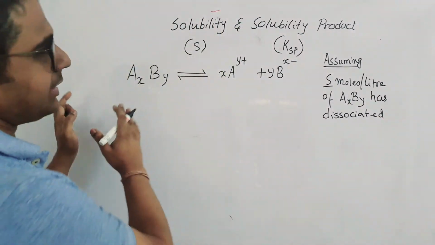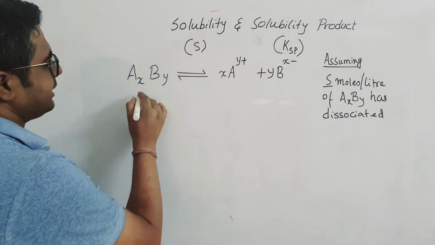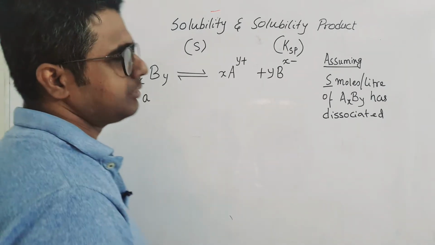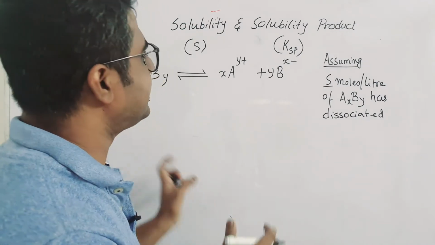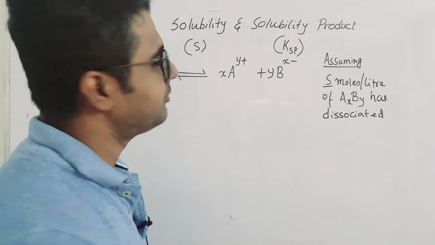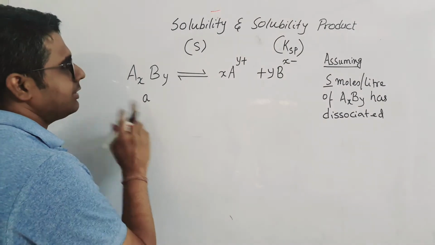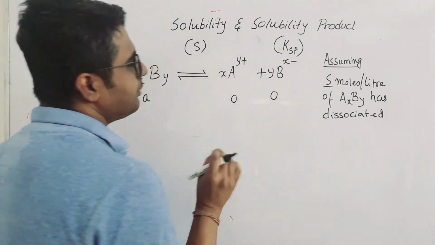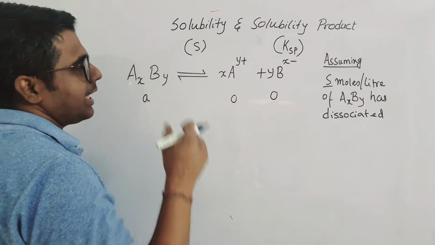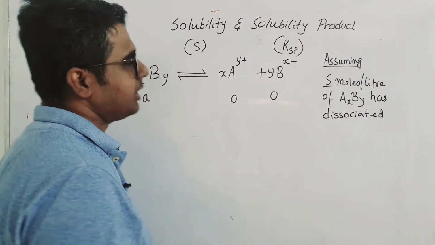So at the start of the reaction, let's take this as A moles. I am saying reaction from time to time, but actually it is dissociation inside the water. Okay? So at the start it was A. These were 0. Now how many moles per liter has dissociated into water?